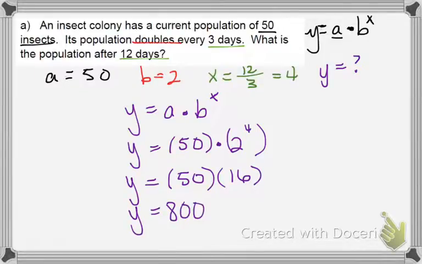Therefore, there will be 800 insects after 12 days.